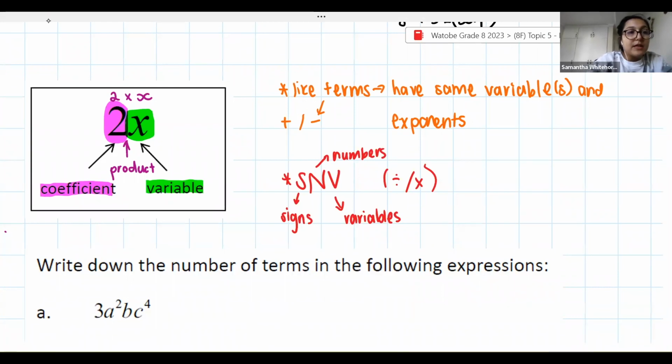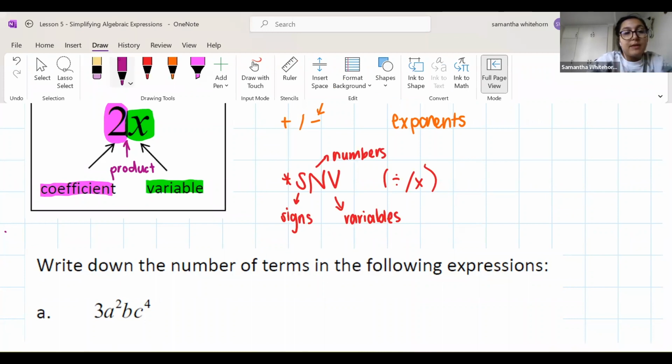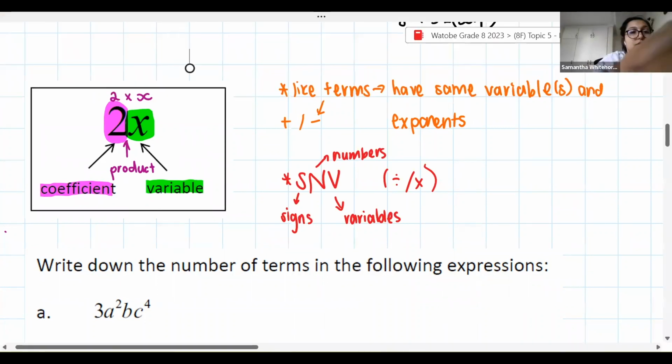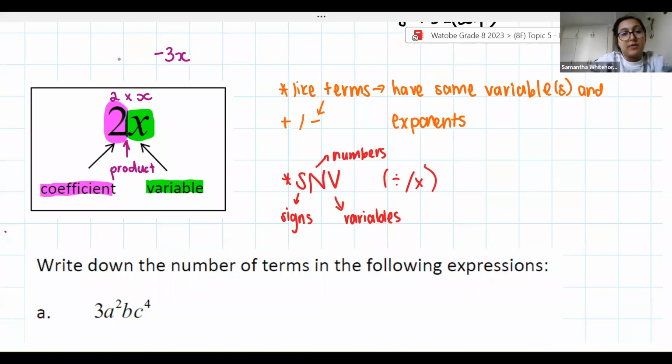We've spoken about this a little bit already, but remember your coefficient can really be anything. So we could have a coefficient of -3 being multiplied with our x. We can have a coefficient of 1/2 being multiplied with our x. But anytime we have a variable, we do have a coefficient. And this is what we spoke about in a couple of our last lessons, where if you just have a variable sitting by itself, with nothing that we can see in front of it, it does actually have a coefficient of 1.